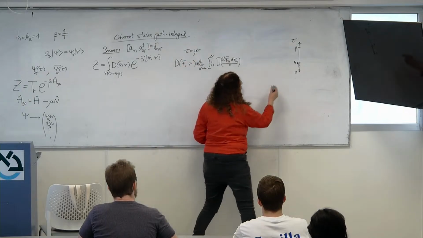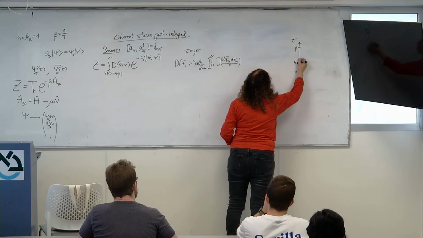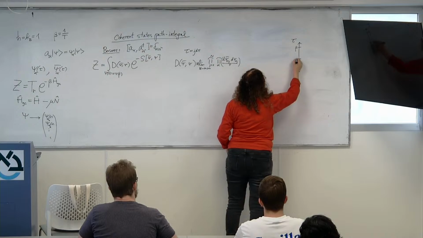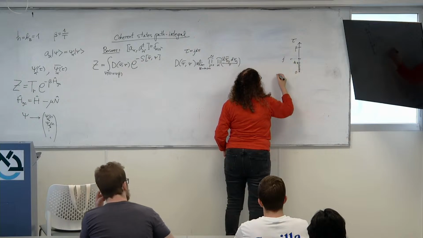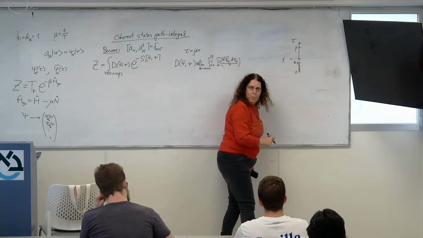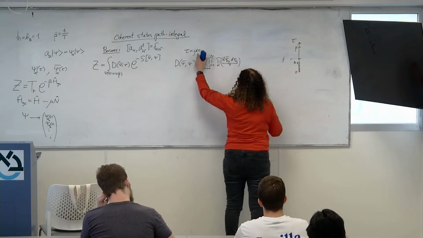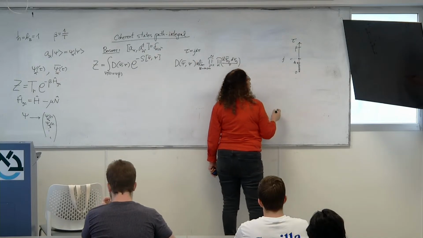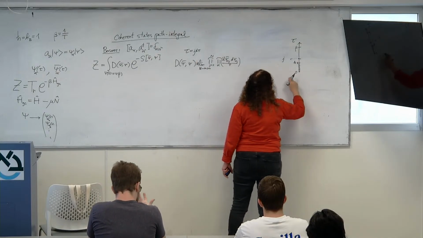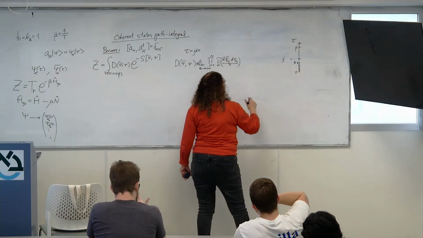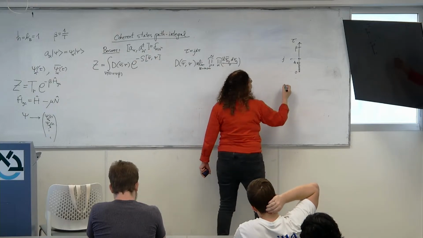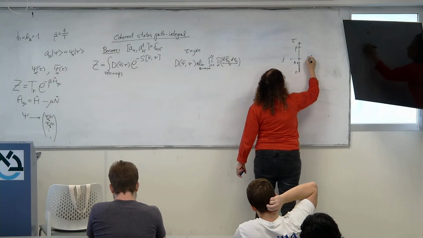So if I'm, for example, parked at some arbitrary tau here, it corresponds to some j step, where tau is j times d tau, and j runs from 0 to n.